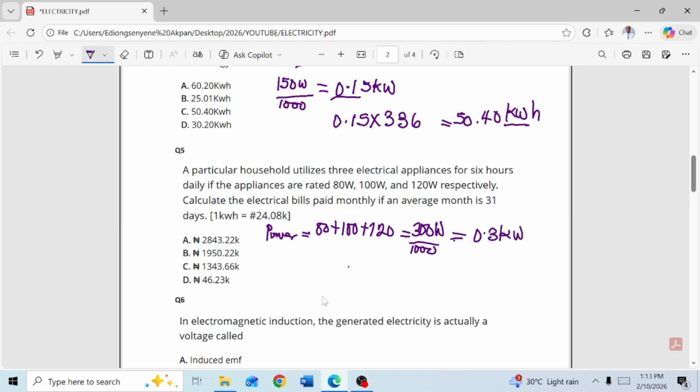The next step is the number of days. We have 31 days, and each day is 6 hours. So 31 days times 6 hours gives us 186 hours. Energy is power times time. We find 0.3 times 186, and that will give us 55.8.